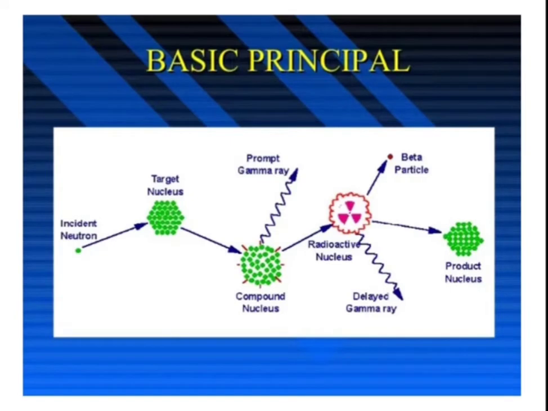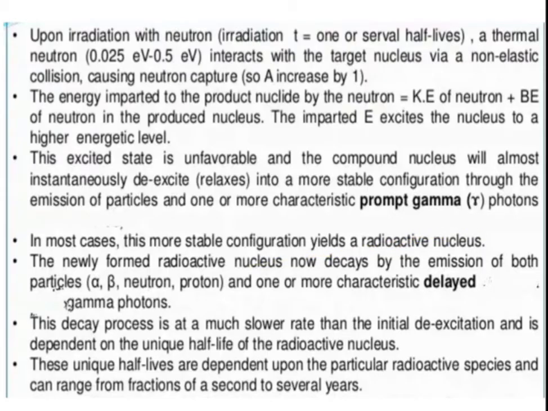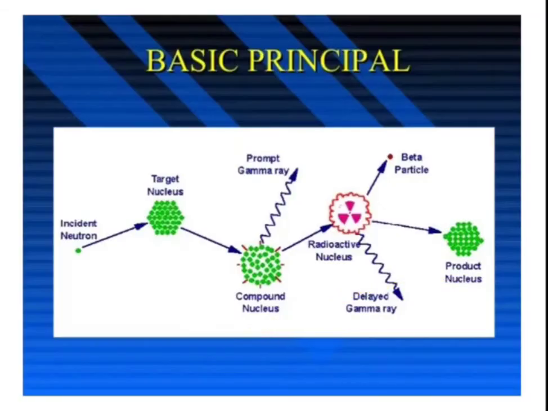So this compound nucleus will lead to the formation of the radioactive nuclei. The newly formed radioactive nuclei now decays by the emission of both particles and delayed gamma photons. So this radioactive nuclei will undergo emission of beta particles, emission of the delayed gamma, and there is the formation of a product nuclei.